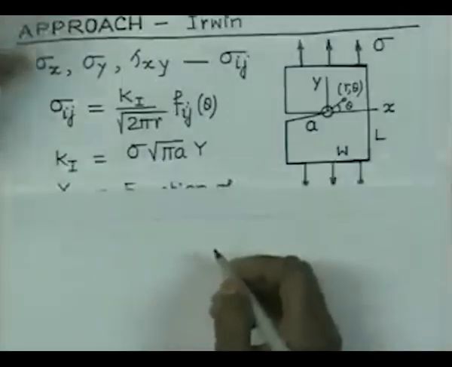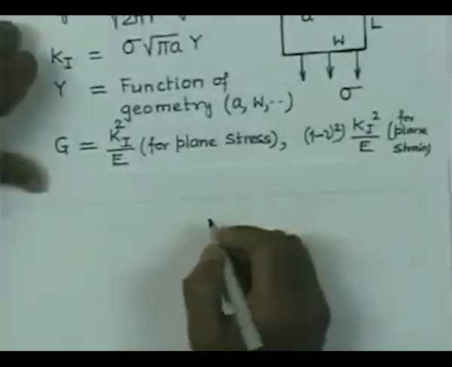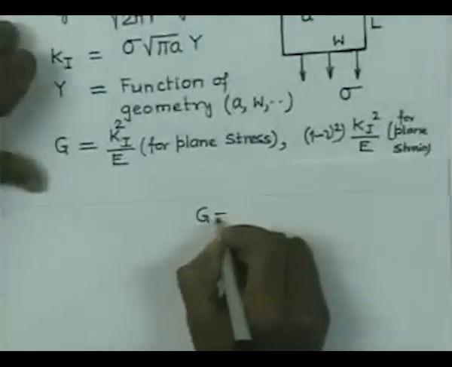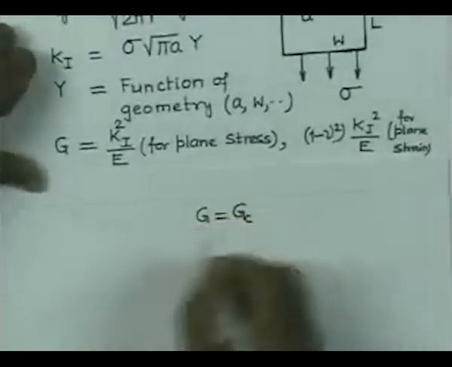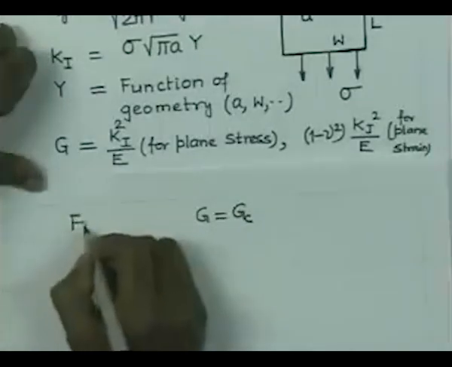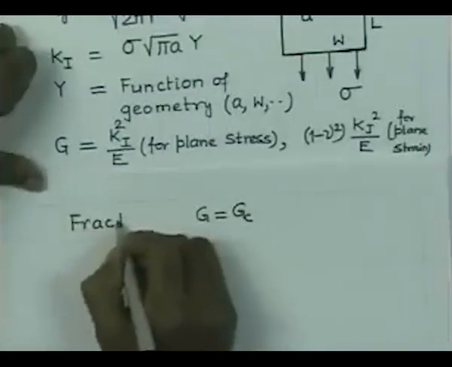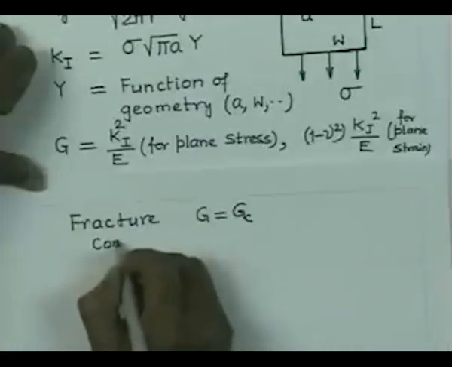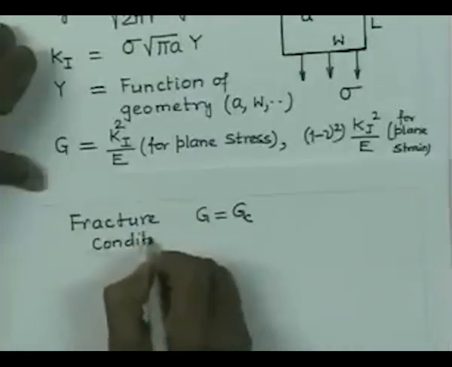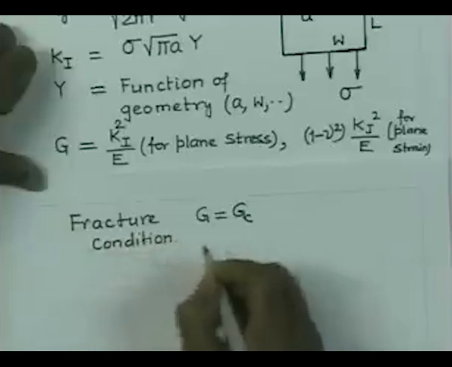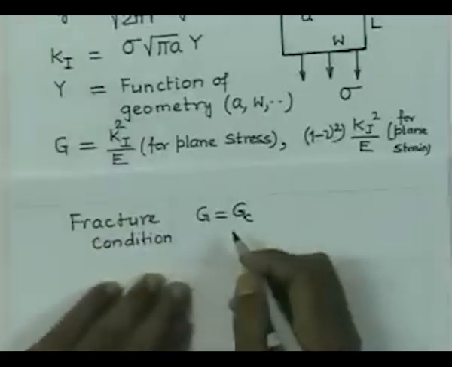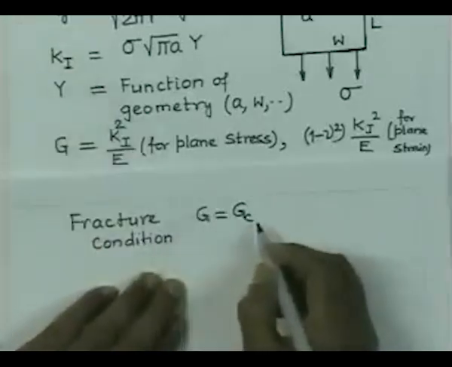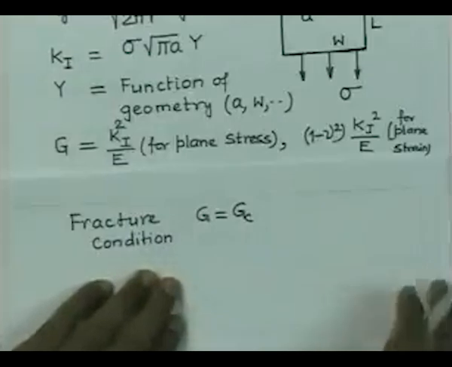We have already seen that according to the Griffith criterion, the fracture condition is given by G equal to Gc. So, at the point of onset of fracture, the strain energy release rate reaches a critical value.